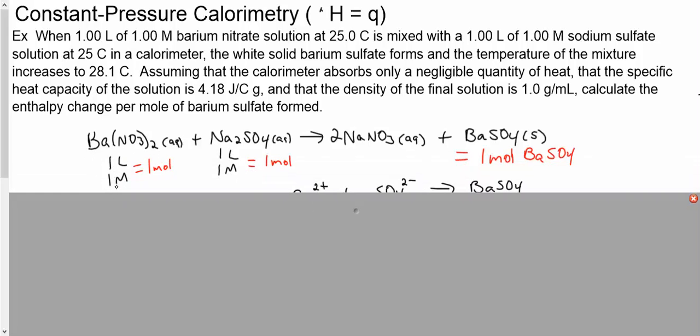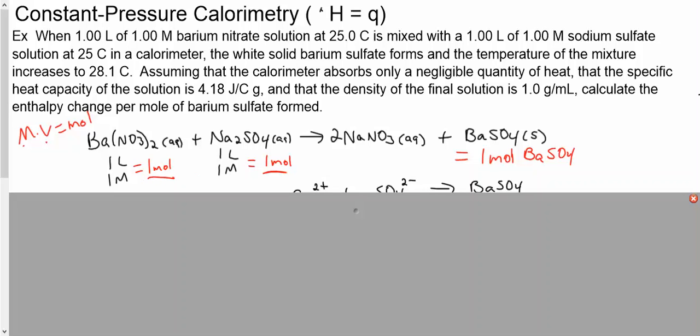So molarity times volume equals moles, and we got 1 mole of barium nitrate. The same thing for sodium sulfate. We're given that 1 liter of 1 molar sodium sulfate was added. Again, molarity times volume equals moles, so we got 1 mole of sodium sulfate.